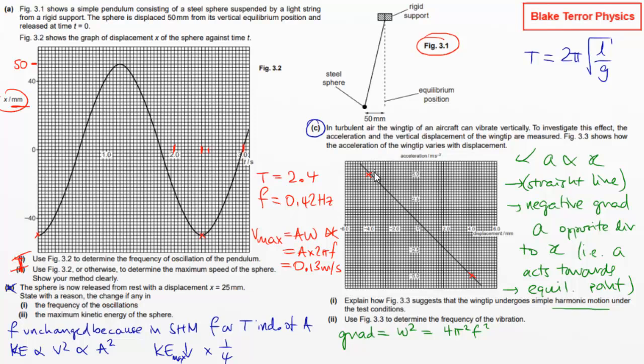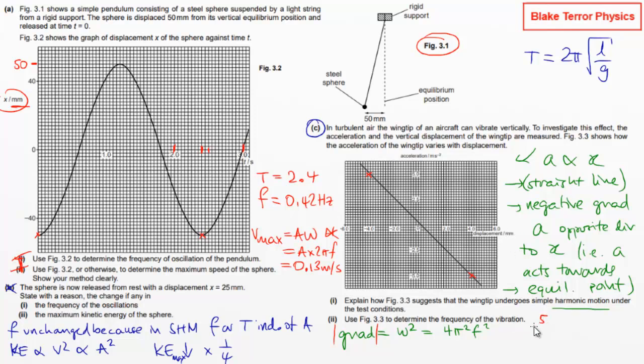So we can say that the magnitude of the gradient is omega squared, because we've got to take that negative bit out of it. We don't care that there's a minus sign there. So we've got 5/4 on that for our gradient, and that's got a 10 to the -3 on the denominator.